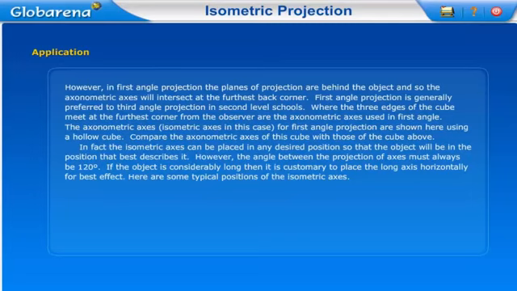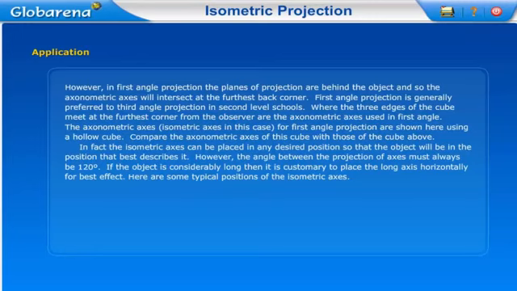Where the three edges of the cube meet at the furthest corner from the observer are the axonometric axes used in first angle. The isometric axis for first angle projection are shown here using a hollow cube. Compare the axonometric axis of this cube with those of the cube above.